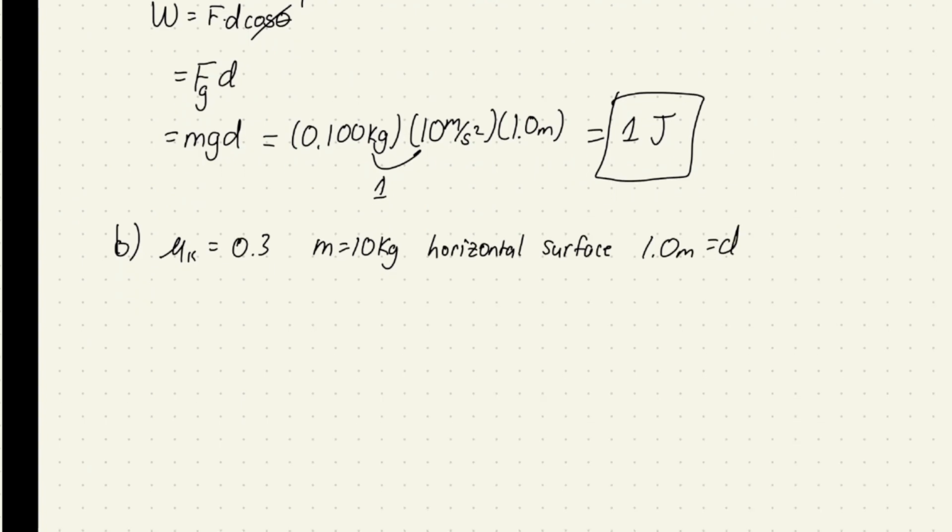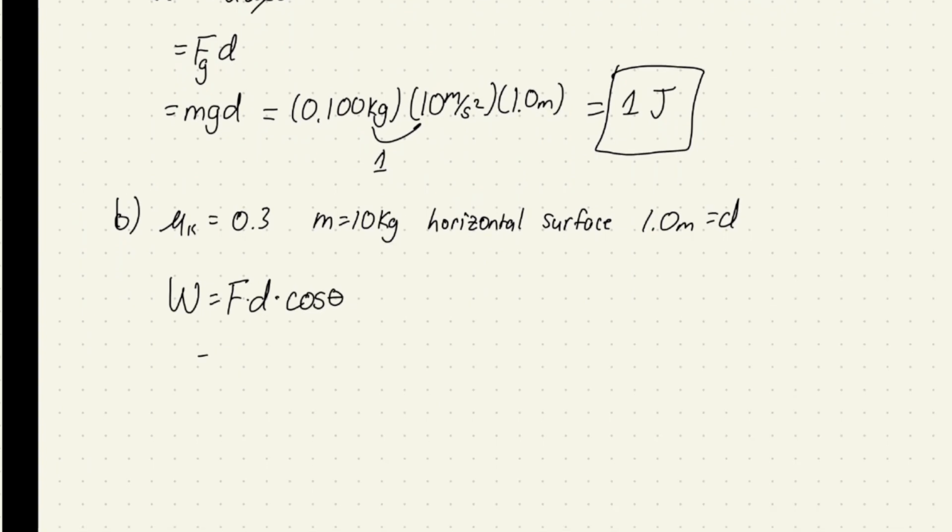Now I want to calculate the work done by friction while this thing slides to rest over this 1 meter distance. So the work done is equal to force times distance times cosine theta. My force is the friction force, so I'll replace my F with F sub k, my displacement is d, and my cosine is theta.